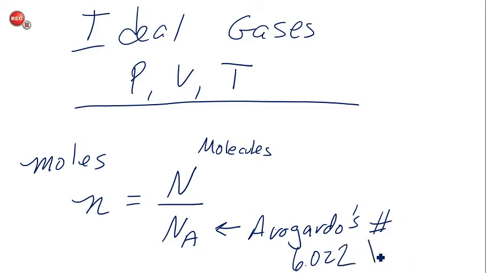I always use 6 times 10 to the 23. And this is a counting thing. It has no units other than particles per mole. So the idea is that 1 mole has Avogadro's number of particles.